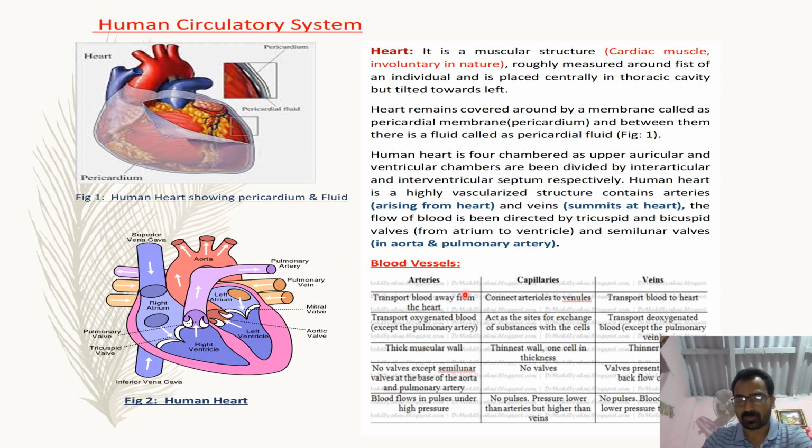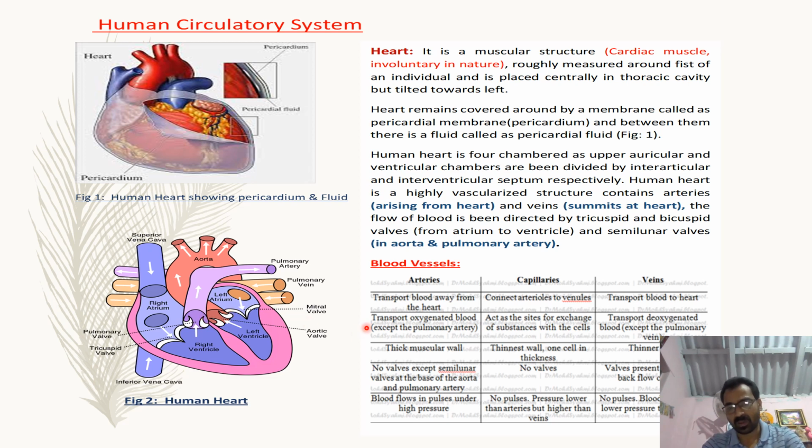Blood vessels are of three types: arteries, capillaries, and veins. Arteries usually take oxygenated blood. However, there is an exception. We can see here the pulmonary artery, which takes deoxygenated blood to the lungs, whereas the pulmonary vein takes oxygenated blood into the heart. So these are two exceptions.